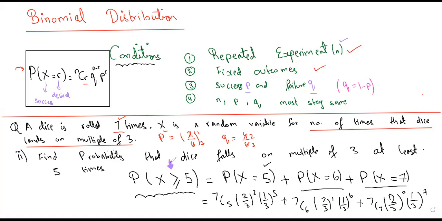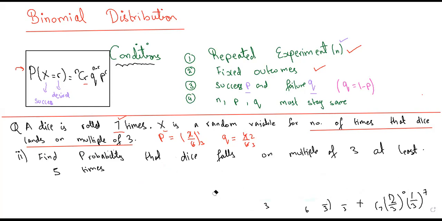And then the last part says, find the probability that dice falls on multiple of 3 at most 2 times. So it is at most twice or 2 times.